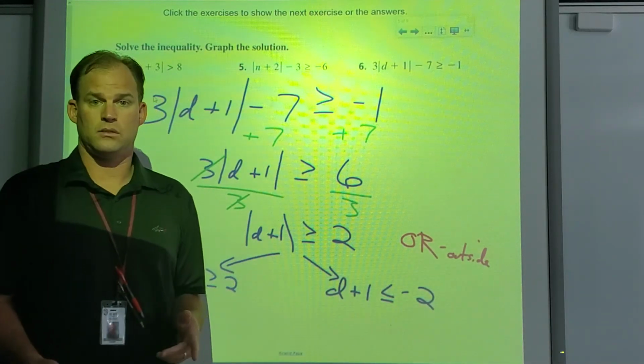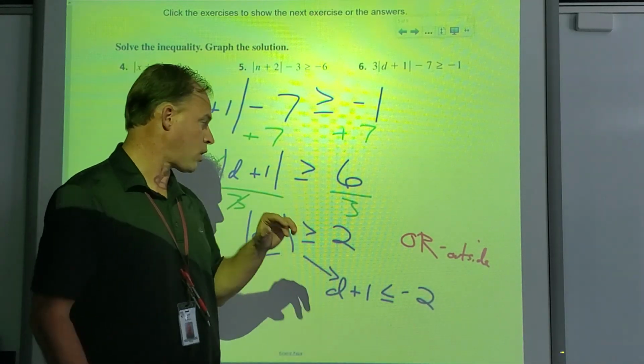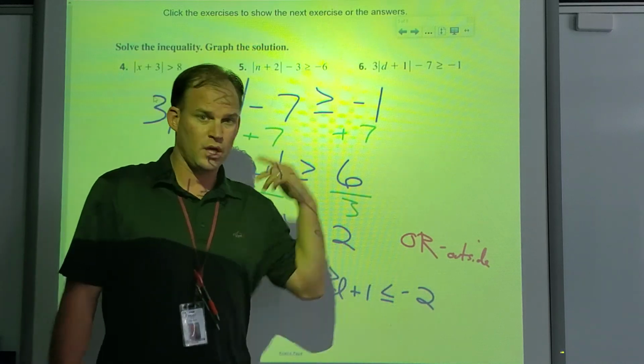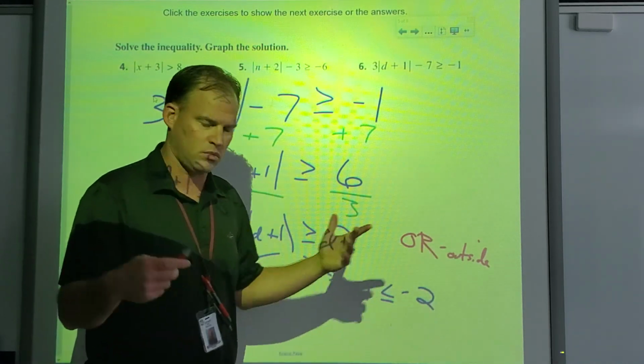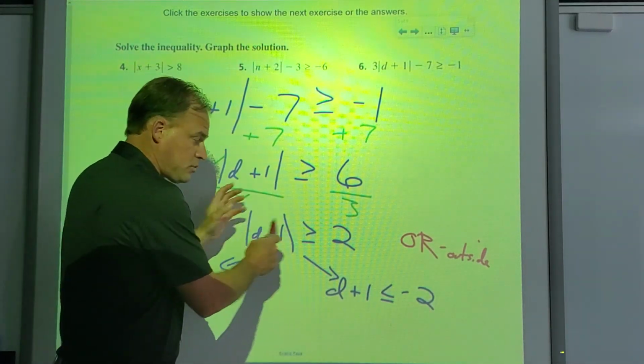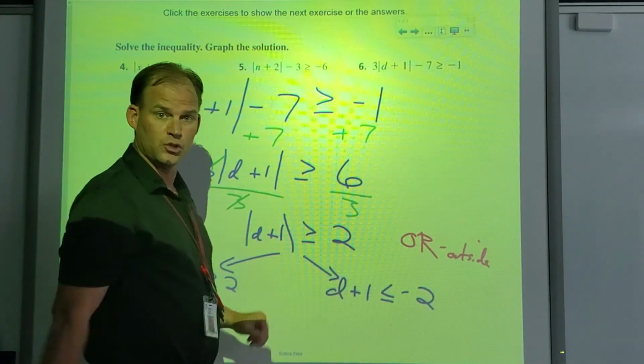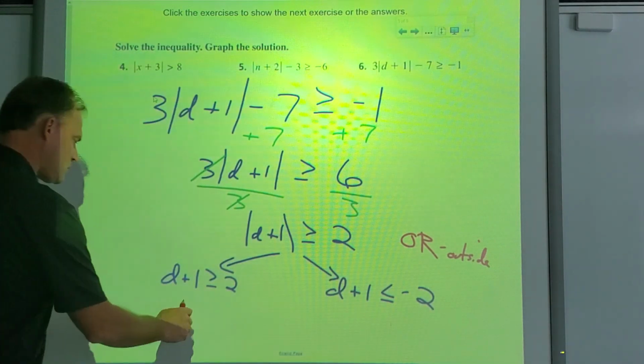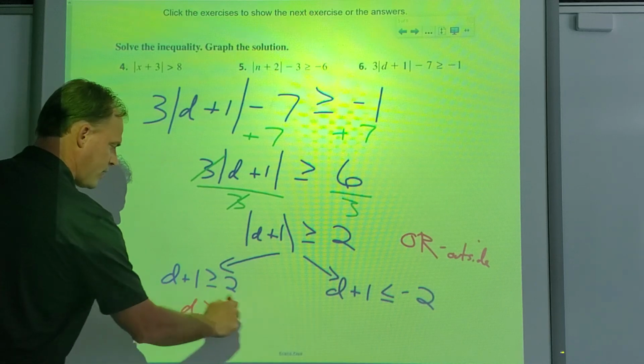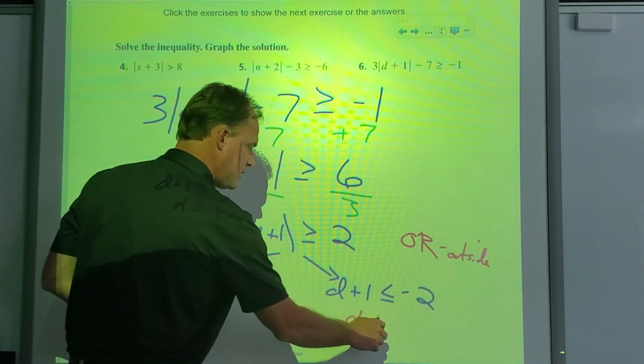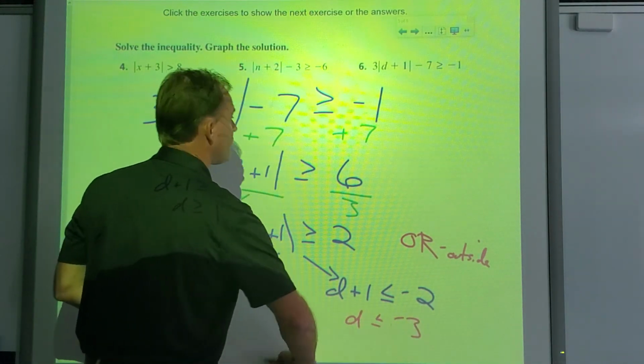You just know that. That's how ors work. That's where you shade. There's no guessing there. Always. You see a greater than, it's absolute value greater than, that's what you know. So I have D greater than or equal to 1, D less than or equal to negative 3.